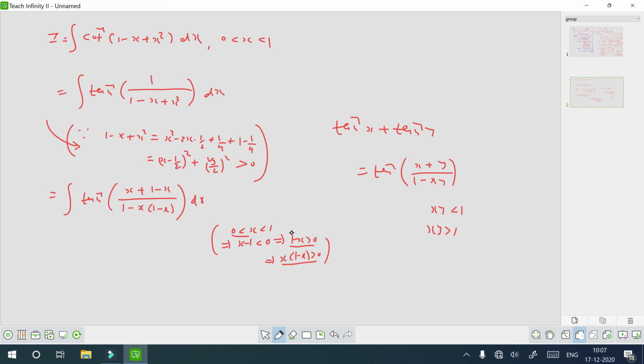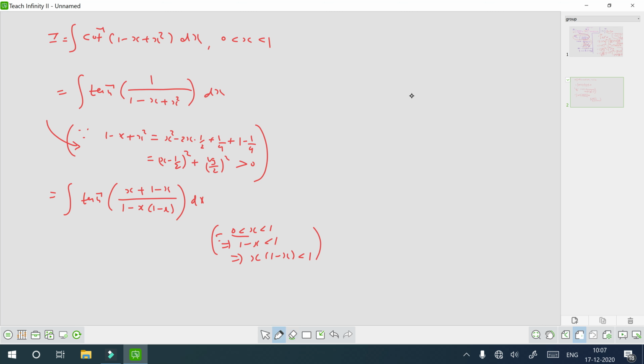So here that thing we have to see. Now x is less than 1, so this implies 1 minus x is also less than 1. This implies x into 1 minus x is also less than 1. So here we can write, give this reason.